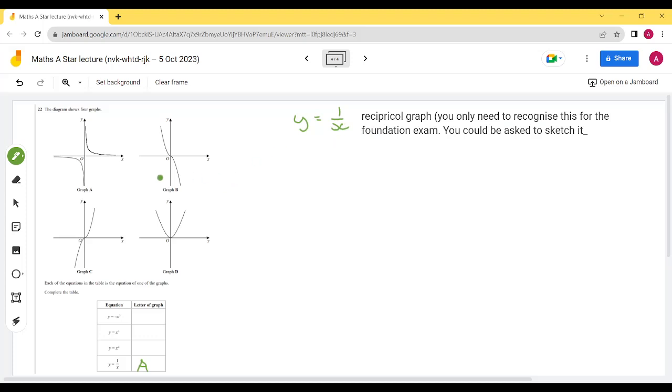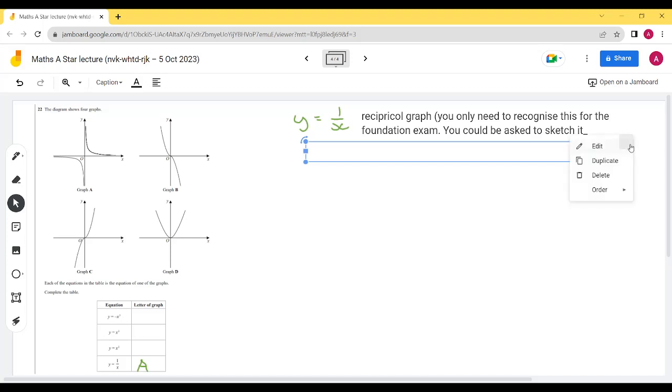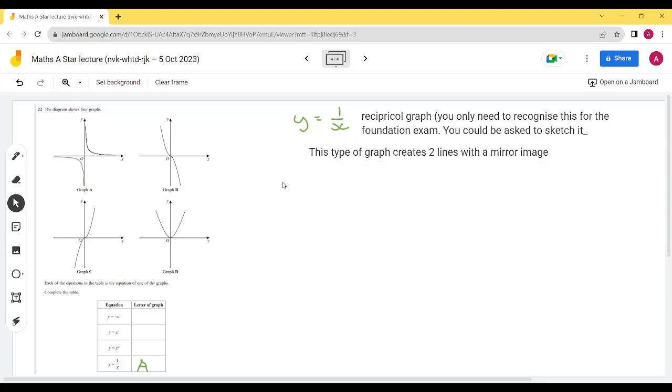And that's what it means by reciprocal graph. This type of graph creates two lines with a mirror image.